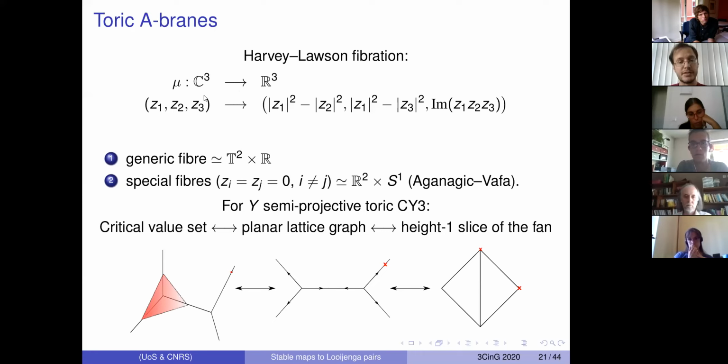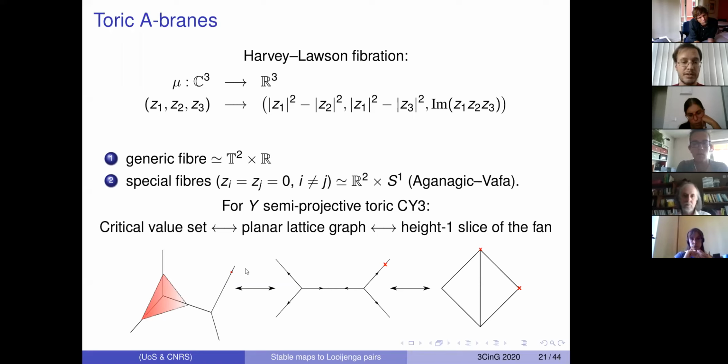In the case of C^3, we had the special fibers occurring in codimension 2, so the discriminant locus of the fibration was essentially a trivalent graph with a single vertex in R^3. If we have a general toric Calabi-Yau threefold, which is semi-projective, the critical value set will be given by some embedded trivalent graph in R^3. And a Harvey-Lawson brane, again, will be a fiber over a point on this discriminant locus.